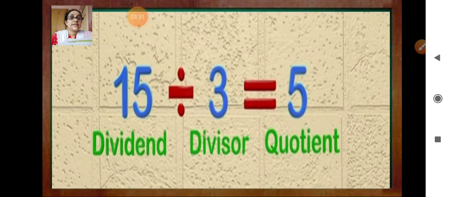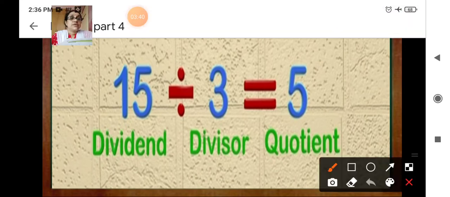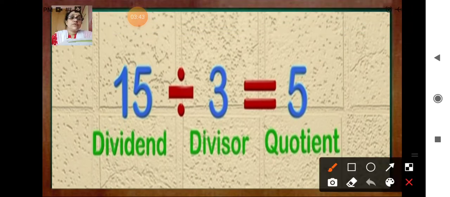Now here you can see 15 divided by 3. So 3 fives are 15. So 15 divided by 3 equals 5. Now here 15 is the dividend, 3 is the divisor, and 5 is the quotient. Okay?